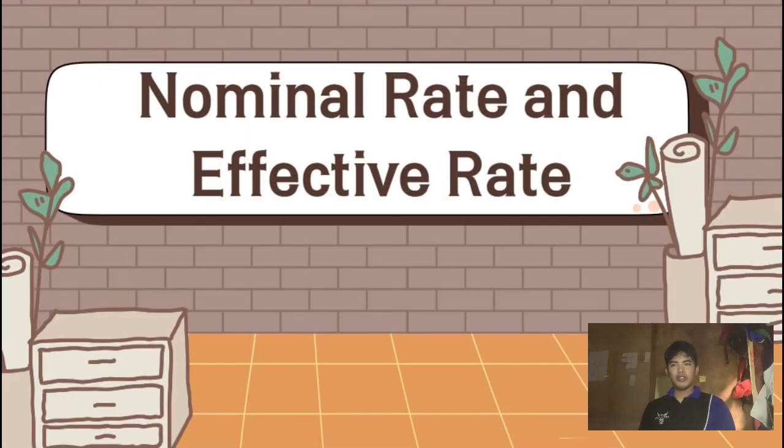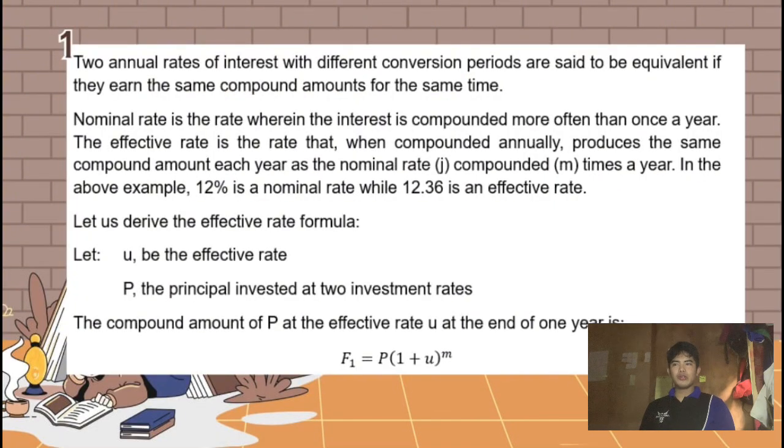So we have here the nominal rate and effective rate. Two annual rates of interest with different conversion periods are said to be equivalent if they earn the same compound amounts for the same time. Nominal rate is the rate wherein the interest is compounded more often than once a year.